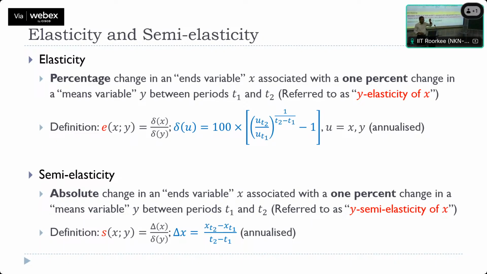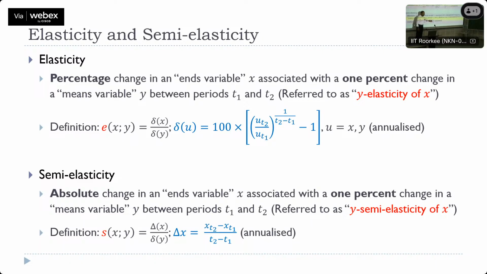So even if you take economic growth, you have, say, 10,000 today, then 10% on top of that 10%, it's a compound growth, right? So between two periods, you just use compound annualized growth with this particular formula. And when you do semi-elasticity, I denote it by small s, but here you have the absolute change per annum.